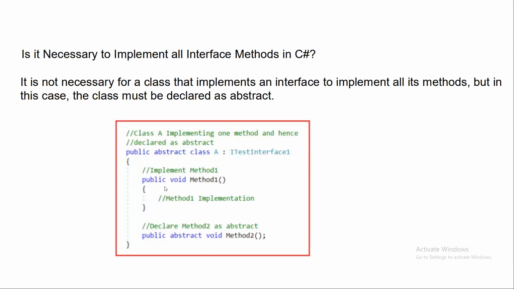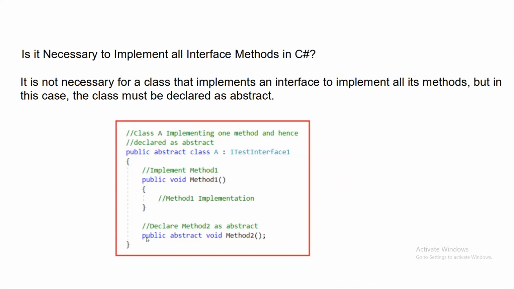Ideally this class A should write the implementation for method 1 as well as method 2. But I have only written the implementation for method 1, and method 2 you left as it is.